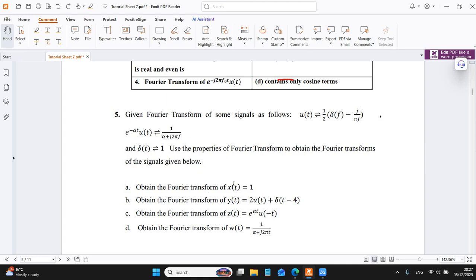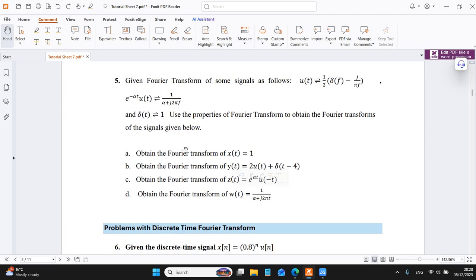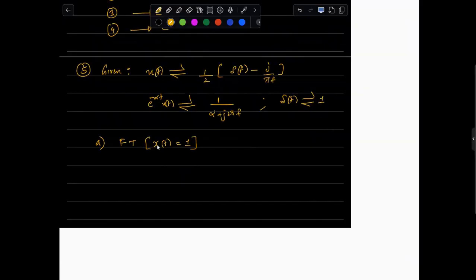All the Fourier transforms are given. You want to find the Fourier transform of the signal x of t is equal to 1. I will first solve this, then I will show you the other solutions.